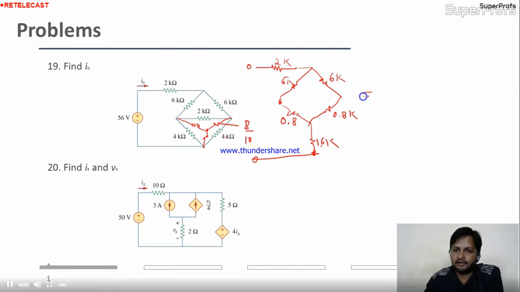Is it okay? Your new circuit I'm writing, 2K. Fine. This branch is 6.8K, in parallel with this one, which is also 6.8K. And here 1.6K.